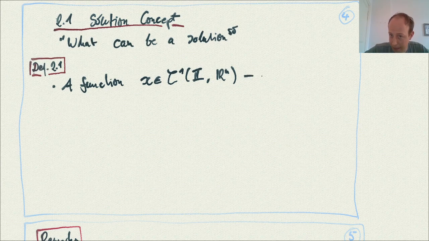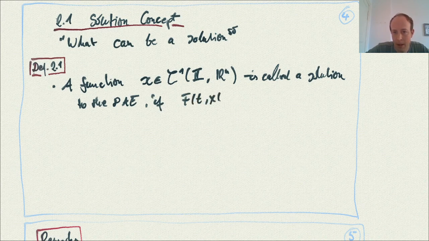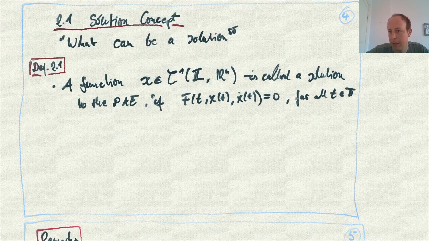It is called a solution to the DAE if f of t, x of t, and x dot of t equals 0 for all t on this time interval.